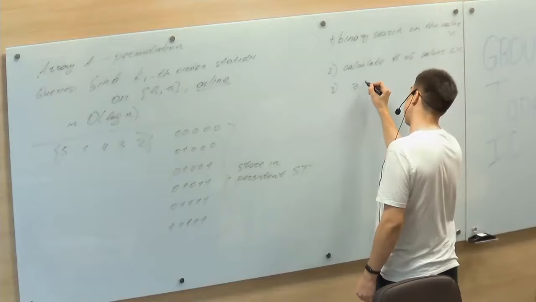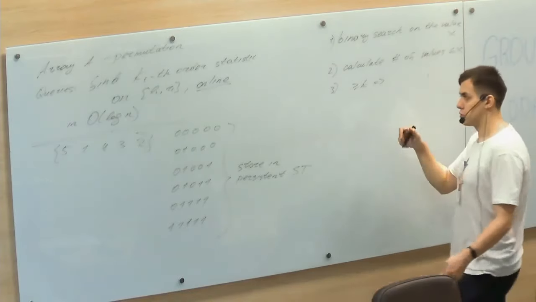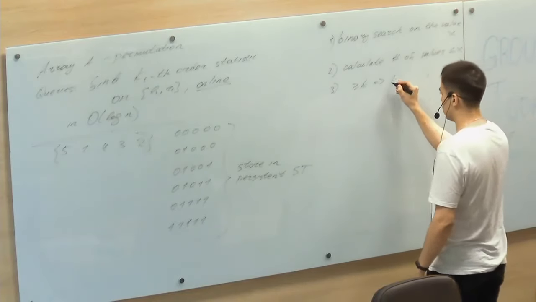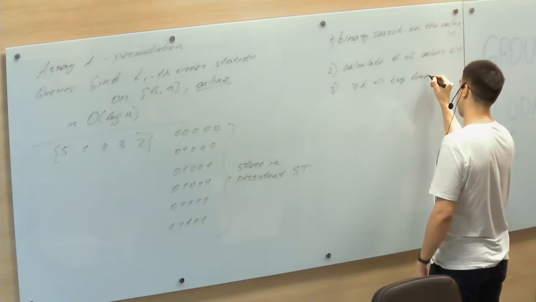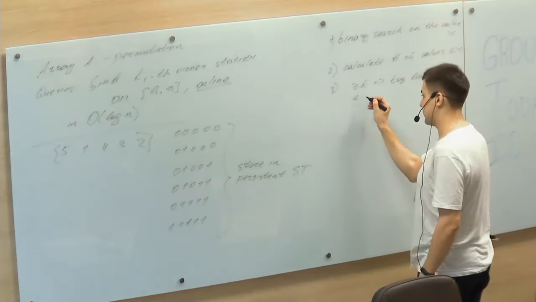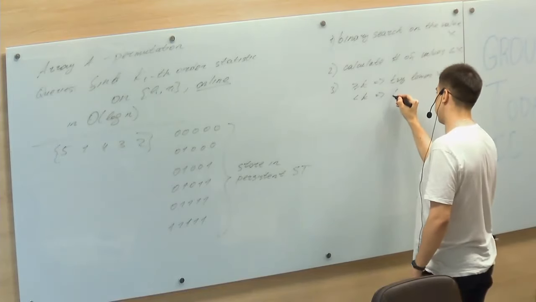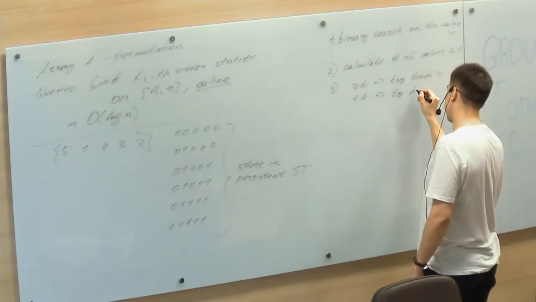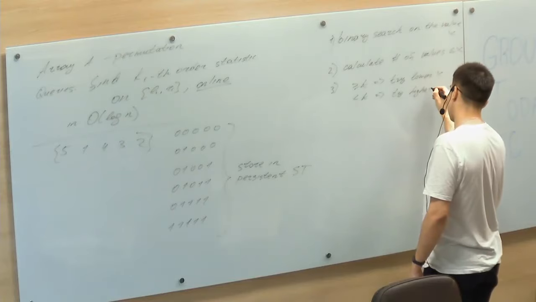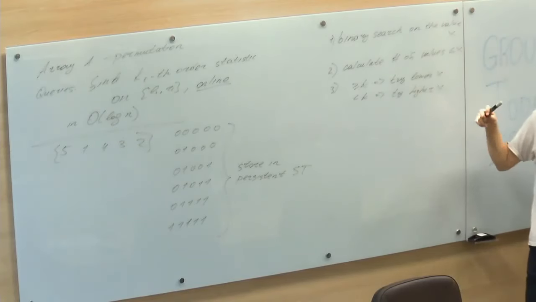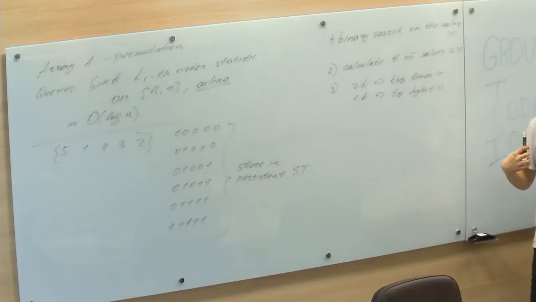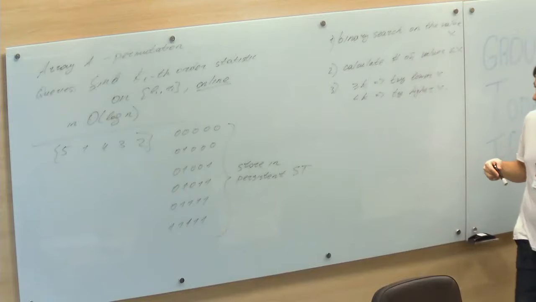If it's at least k, we need to try lower x, and if it's less than k, try higher. And already this is a solution in log squared, right?